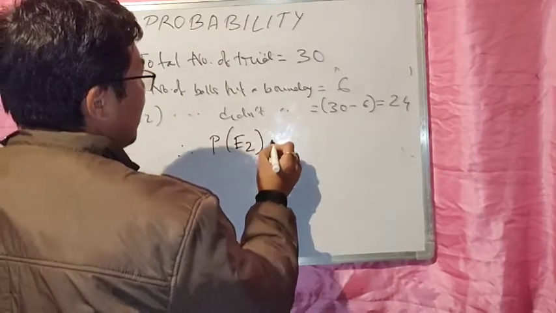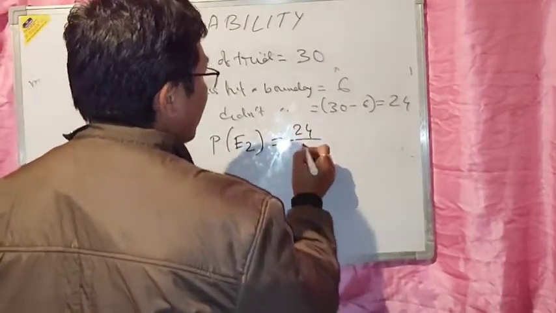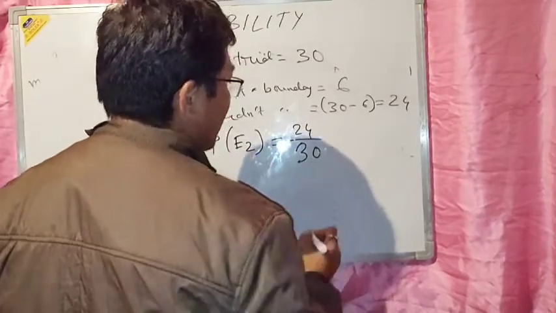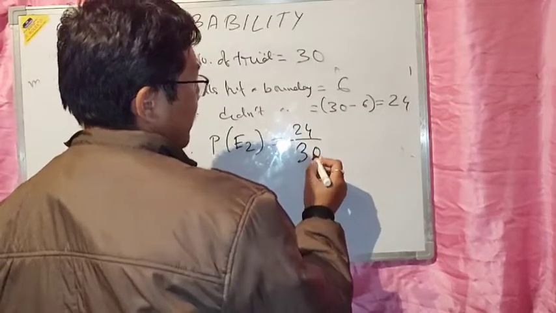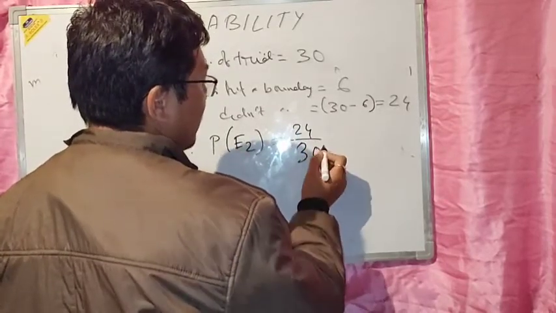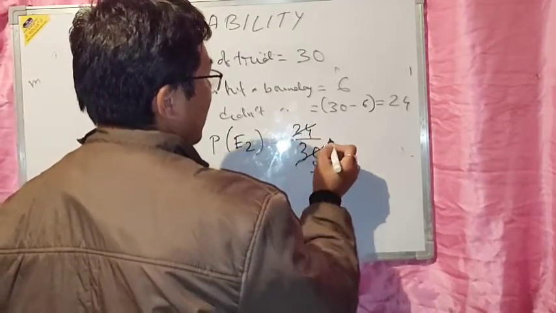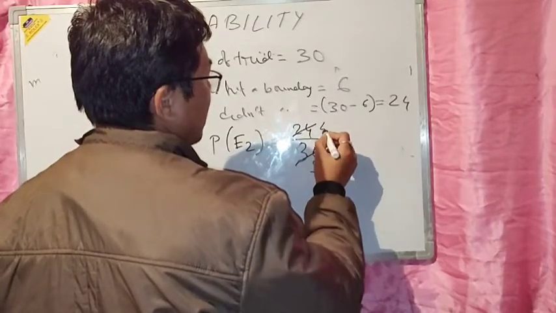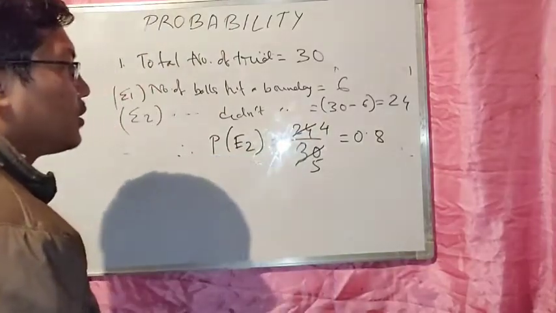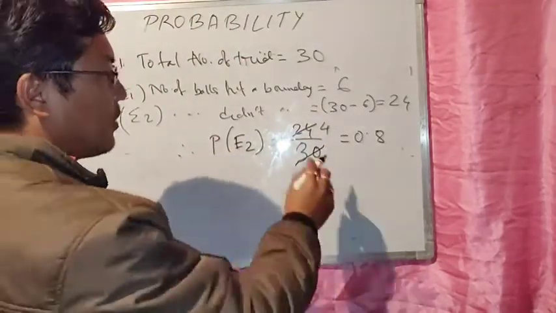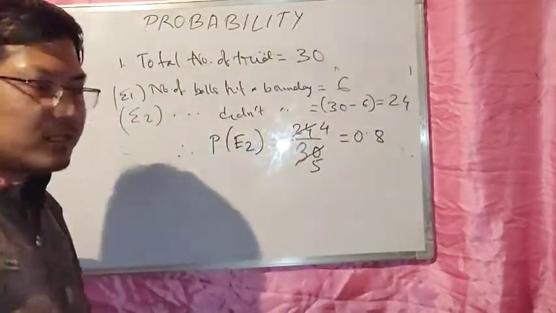Here, P(E2) is 24 by 30. We can convert this into its simplest form. The simplest form will be how much? That means 0.8. This will be the answer.